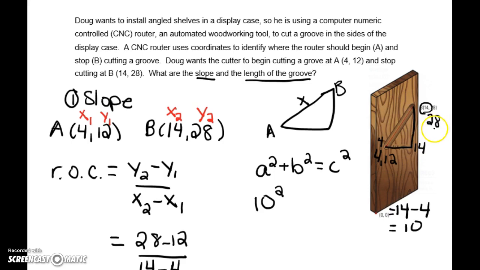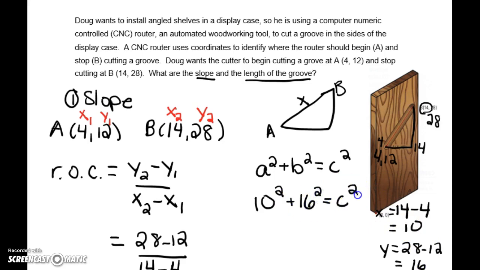To find the change in distance from point A to point B, you just take 28 and subtract 12. So 28 minus 12 is 16. Our b value there is 16.